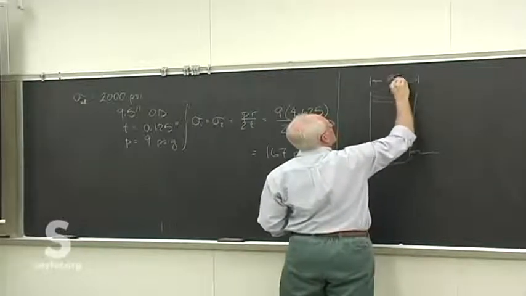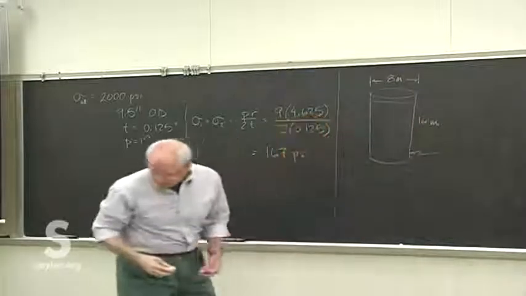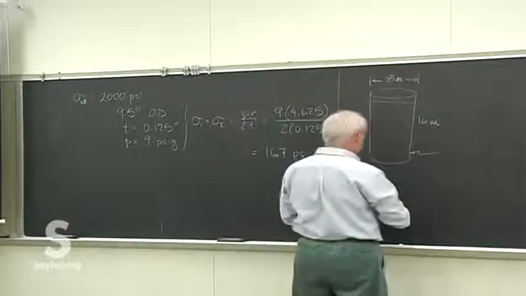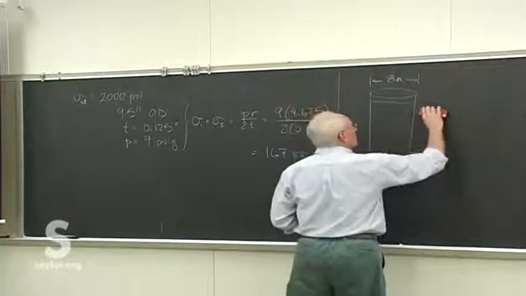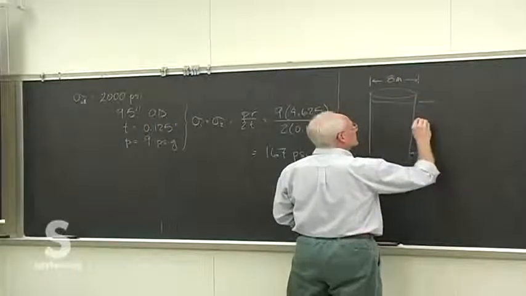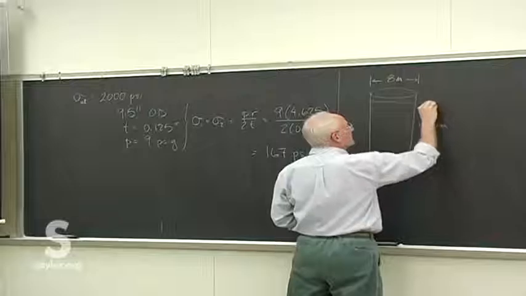So we'll give it an 8-meter outside diameter, a 16-meter height. But we don't need that 16 meters, we'll just use 15.5 meters of fluid, that's what matters. It's the height of the fluid.